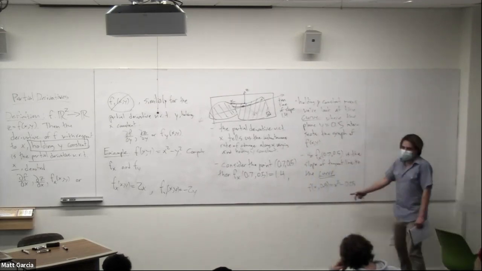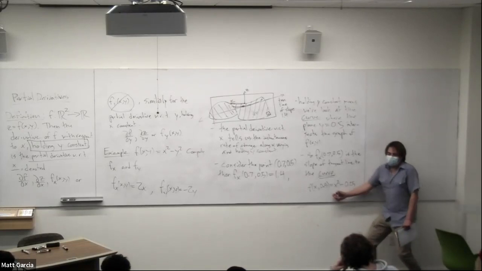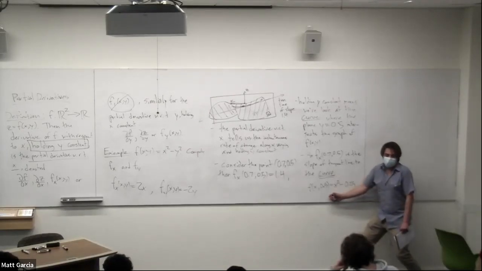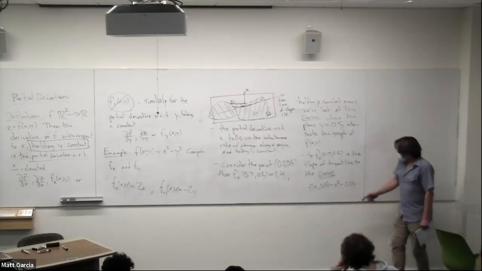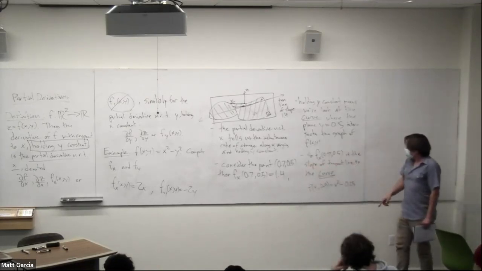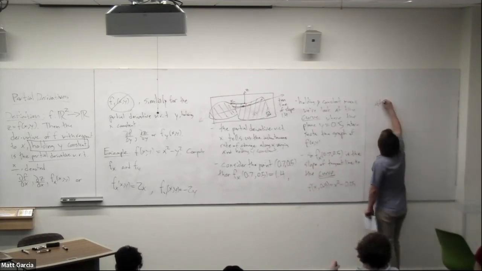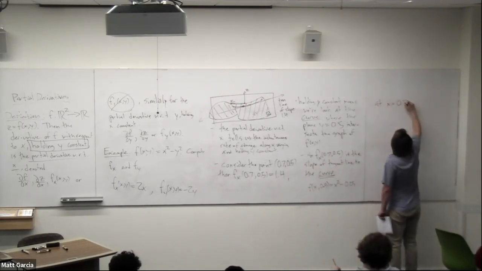All I've done here is plug in the constant value of y that we're considering into our original equation for f. And this gives me a curve, because now I have a function of a single variable. So this value gives us the slope of the tangent line to the curve at x equals 0.7.